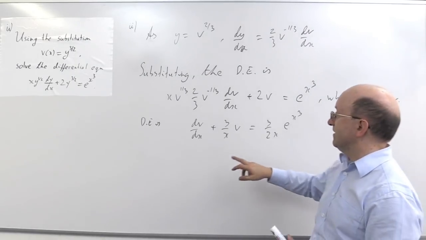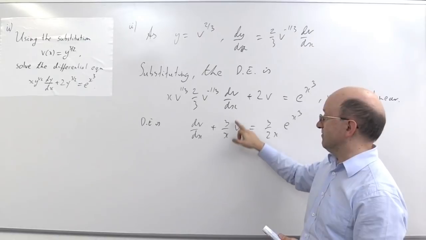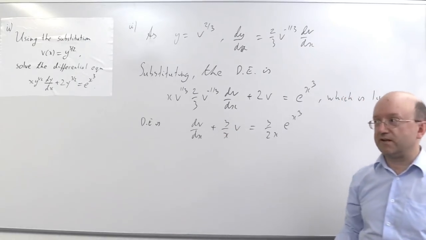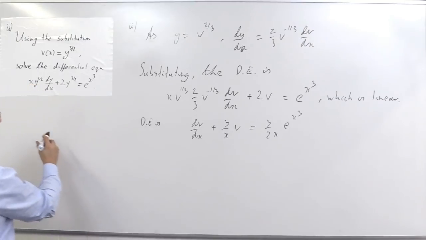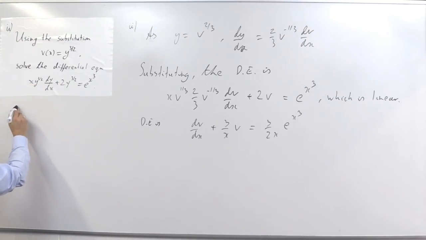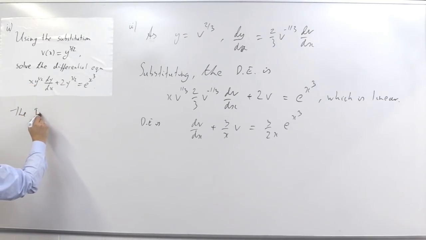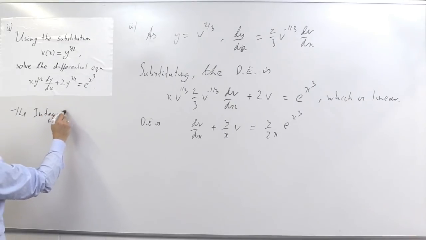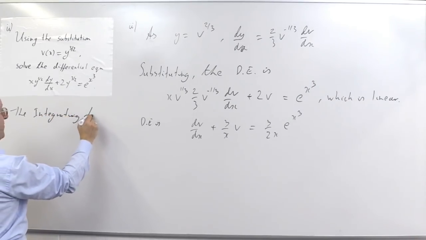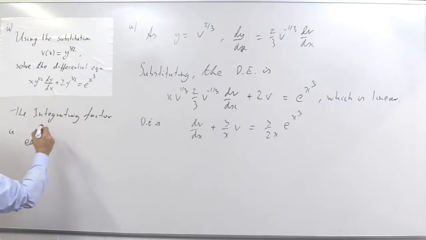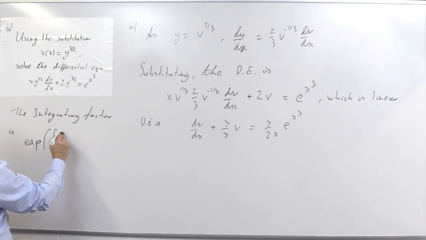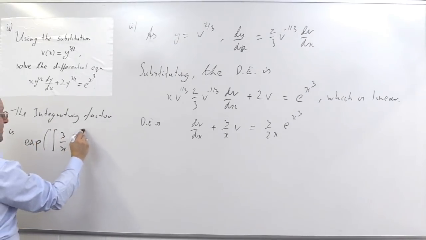So the integrating factor, remember, is going to be e to the integral of the thing multiplying v here. So we solve by integrating factor. Let's put the integrating factor over here. It is e to the, I'm going to write that as x of, because it's just more convenient to write things as x of when you're doing this, the integral of 3 over x dx.